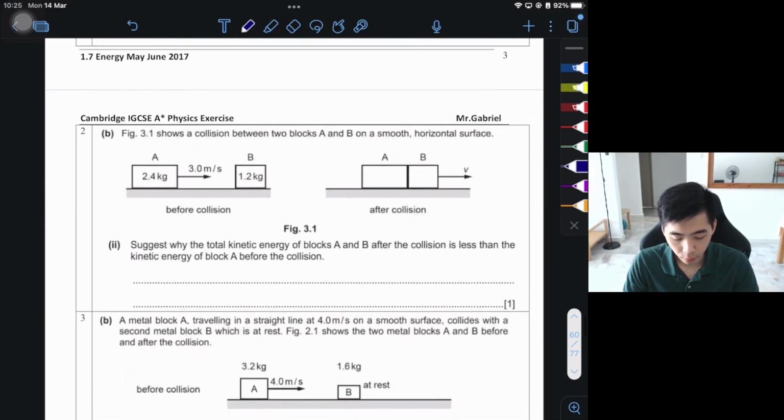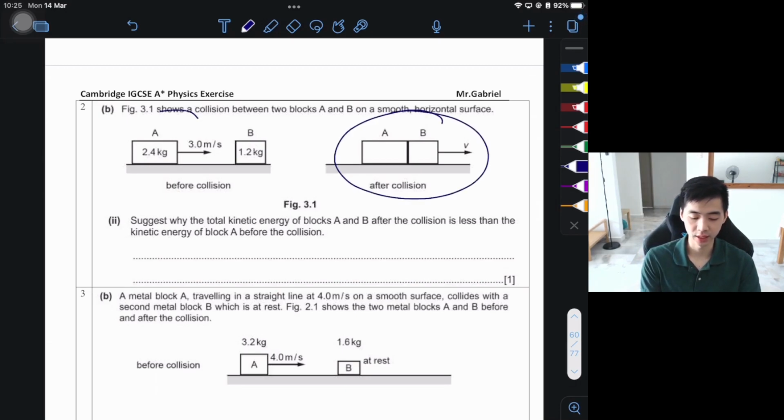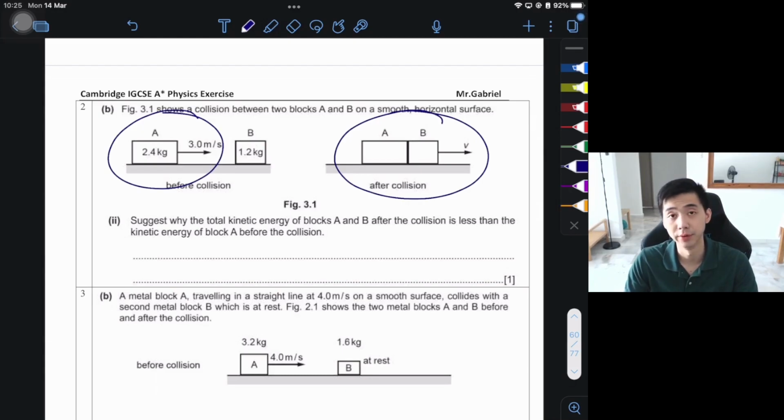Figure 3.1 shows a collision between two blocks A and B on a smooth surface. Suggest why the total kinetic energy of block A and B after the collision is less than the kinetic energy of block A before the collision. They're basically asking how come the total energy here is less than the total kinetic energy before the collision.